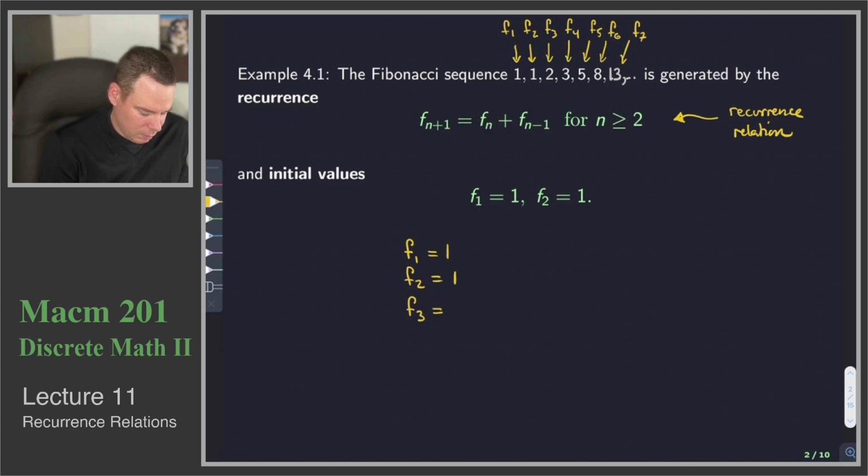F sub 3 is f sub 2 plus f sub 1, which is 1 plus 1 or 2. F sub 4 is f sub 3 plus f sub 2, which is 2 plus 1, which is 3, and so on.